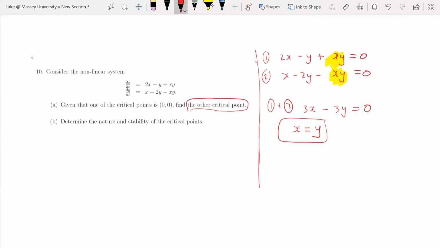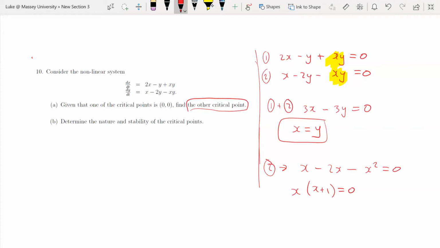So now in equation 2, whenever I see a y, I'm just going to replace it with x. So I've got x minus 2y, but now I'm just going to write that as 2x minus x times y, which I'm just going to write as x squared, equals 0. Or in other words, x times x plus 1 equals 0.